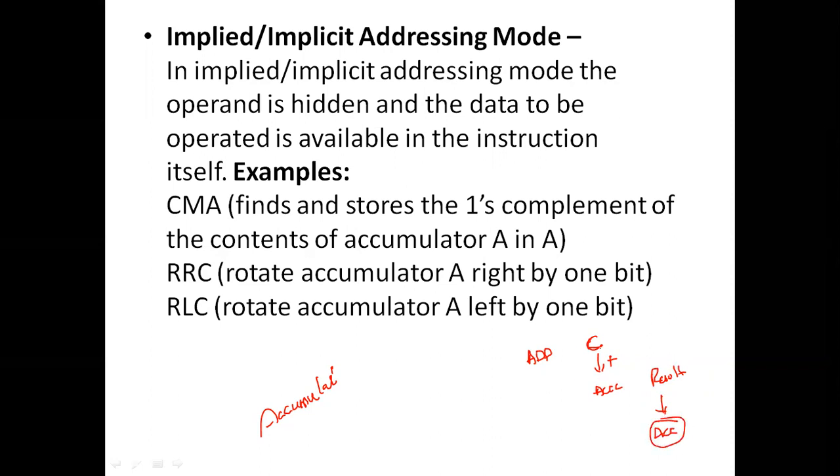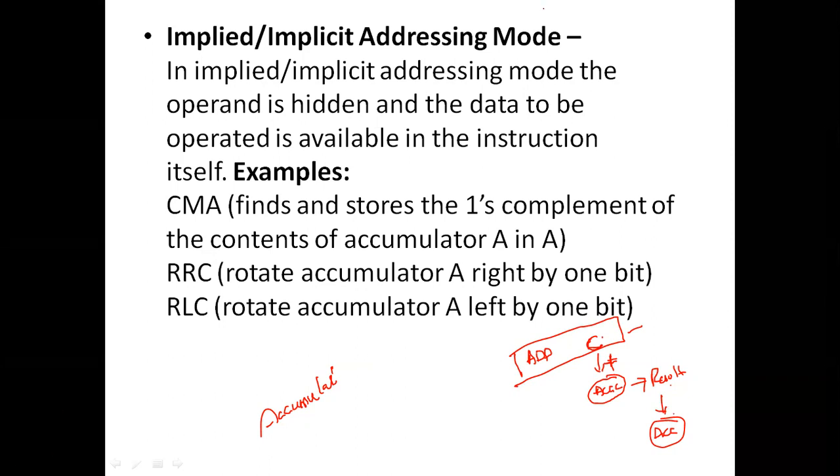Did we specify add C to the accumulator? No, we have specified only ADD C. Then what is taken implicitly? It takes the accumulator as the destination, adds the contents of C with the accumulator, and the result is stored in the accumulator. So that is implicit. We need not specify the accumulator. If you give any operation, implicitly it will be done with the accumulator.